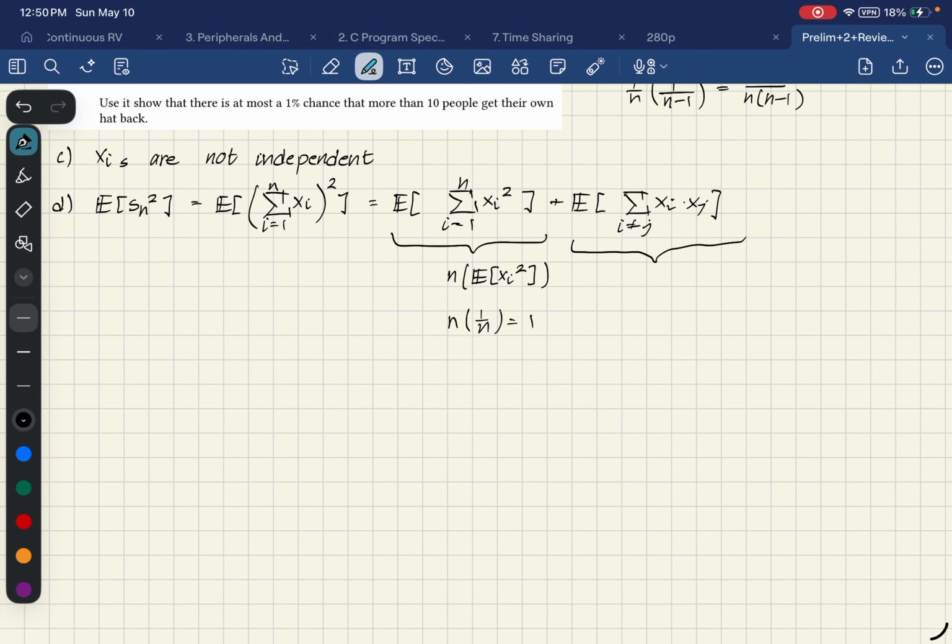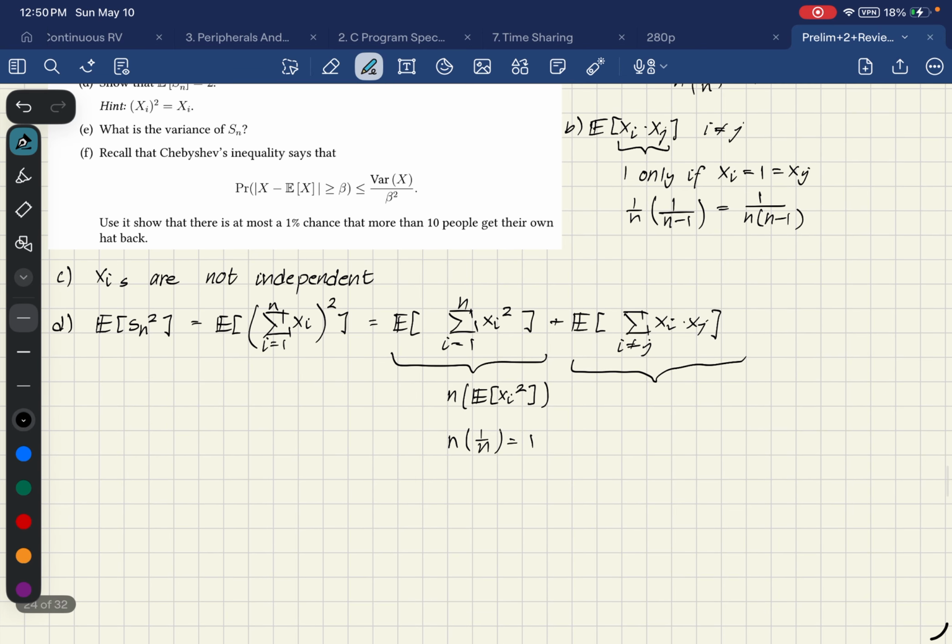Now, the second one's a little more tricky. We want distinct terms in the sum. So we know that there are n things and we need to pick 2, so we can just do n choose 2. But when you expand it, that will appear twice, so you want to multiply that by 2, which results in n times n minus 1 possible terms.